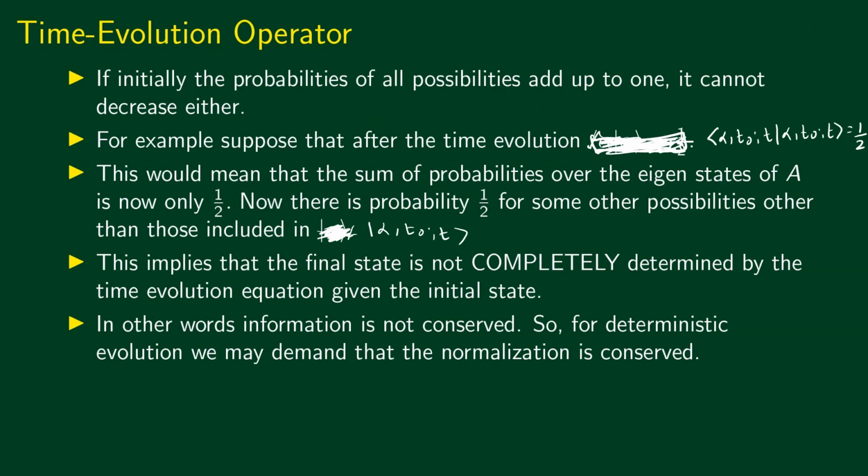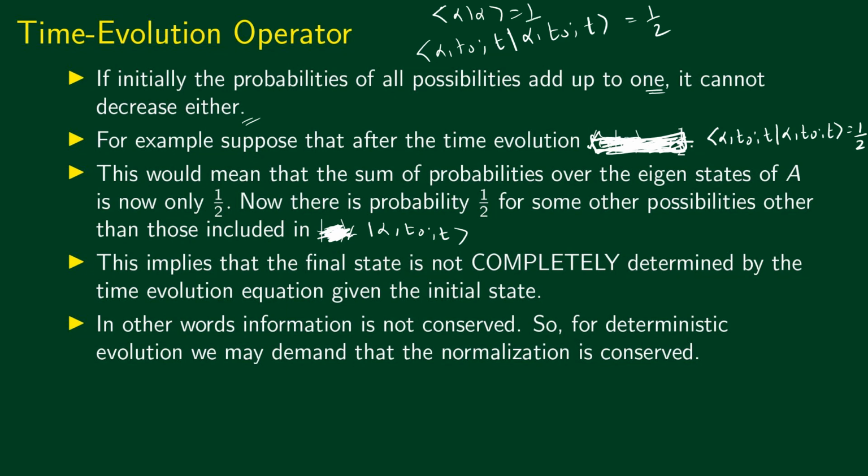Now, it can easily be seen that if initially the probabilities of all possibilities add up to 1, it cannot decrease either. For example, suppose that initially we have ⟨α|α⟩ equal to 1. Now, suppose after the time evolution, we have ⟨α,t0;t|α,t0;t⟩ equal to half. Let's consider this example.